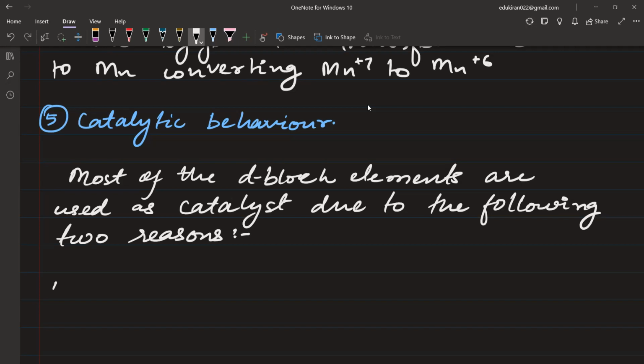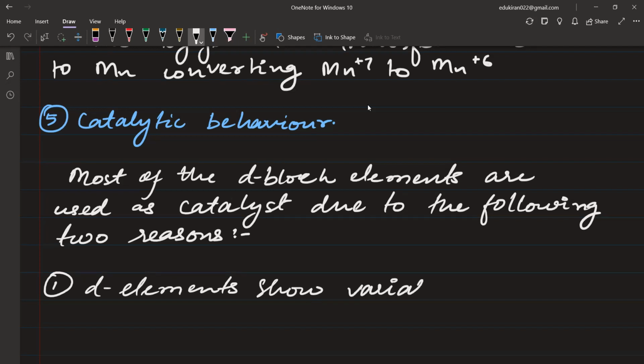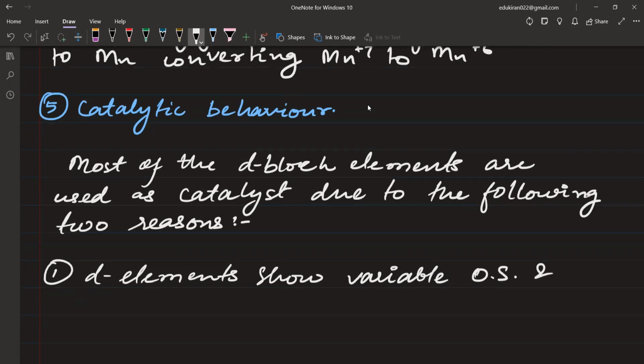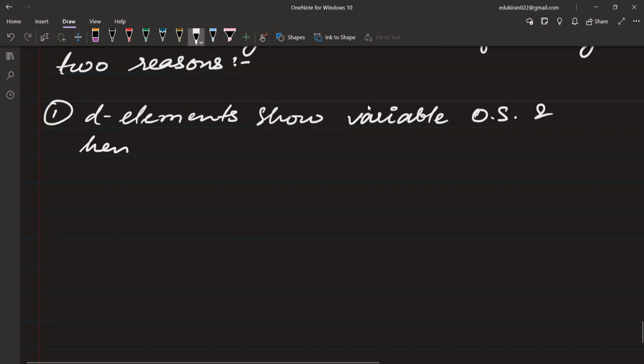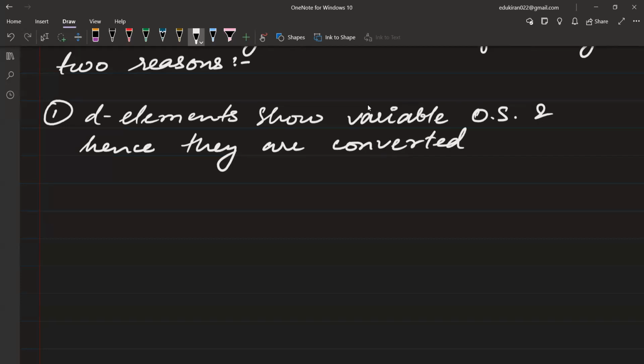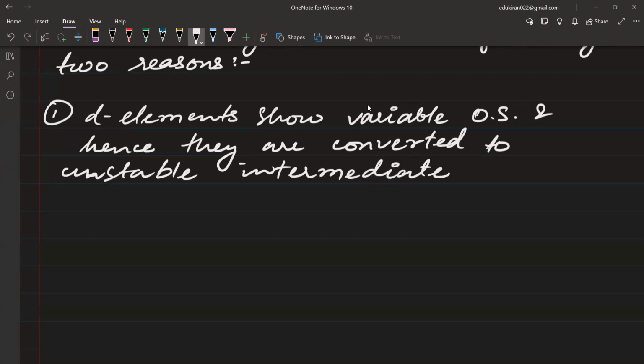Number one, d elements show variable oxidation state, and hence they are converted to unstable intermediates.